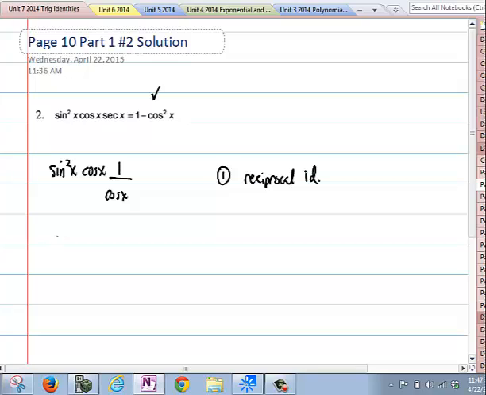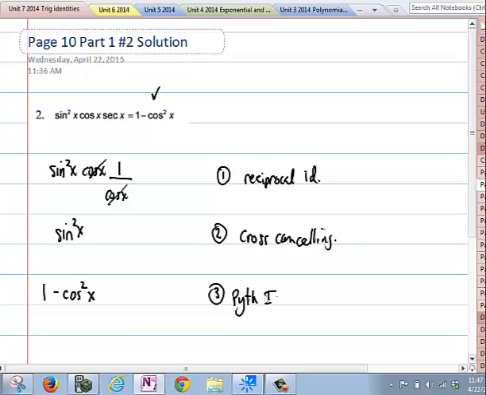My second step is I'm going to be at sine squared of x, because these two cancel out, and that would be cross-canceling fractions or division. And then I'm going to replace sine squared of x with 1 minus cosine squared of x using the Pythagorean identity. So that checks out.